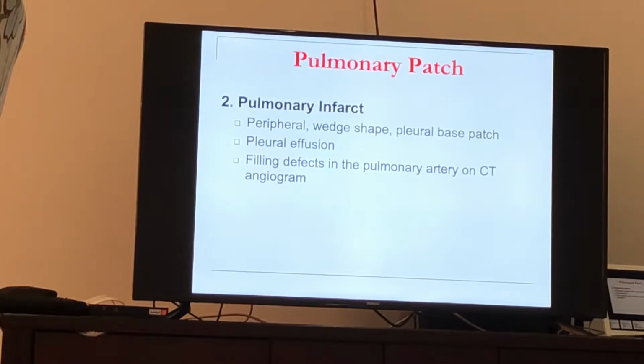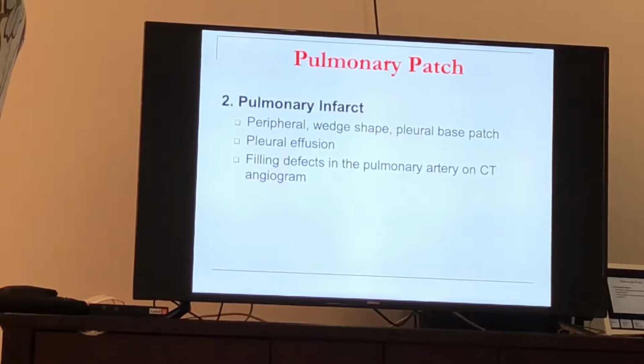Now, if the PE is significant enough to cause cardiac compromise, then it will give you a bilateral effusion due to hydrostatic problems related to the heart. Without cardiac compromise, most commonly it's unilateral and more commonly exudate, because it's related to the actual reaction. But we found in some cases it's related to cardiac compromise, and those are the patients that have elevated troponin, right-sided strain, and so on and so forth.